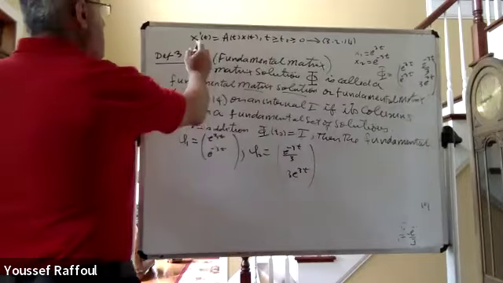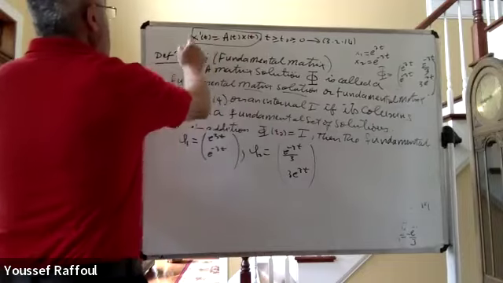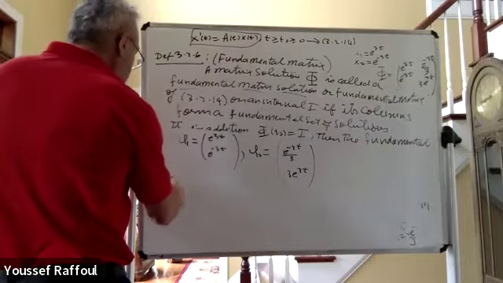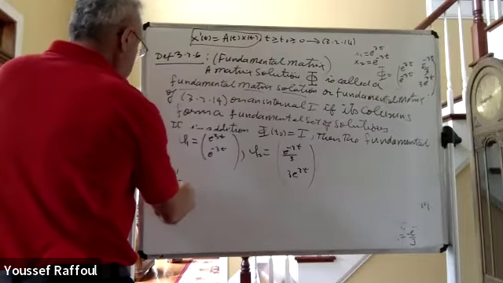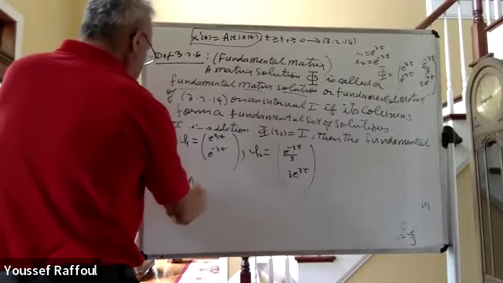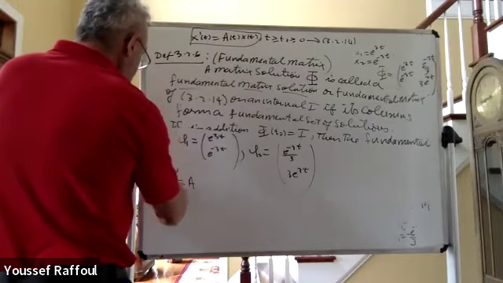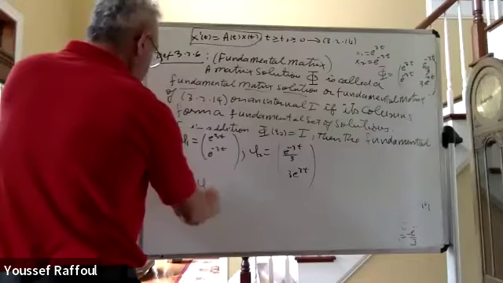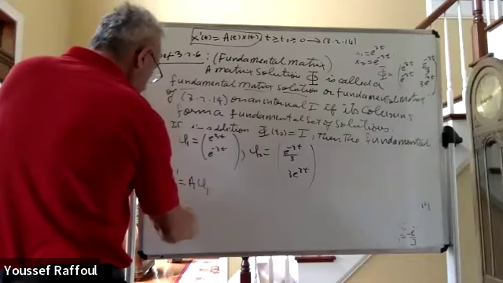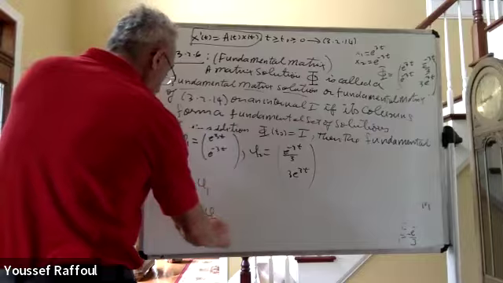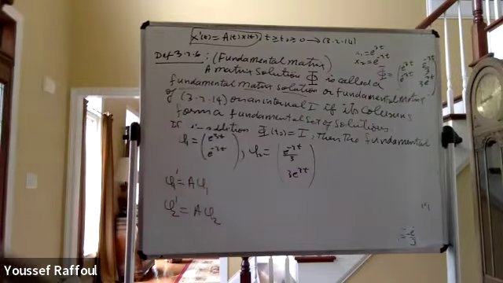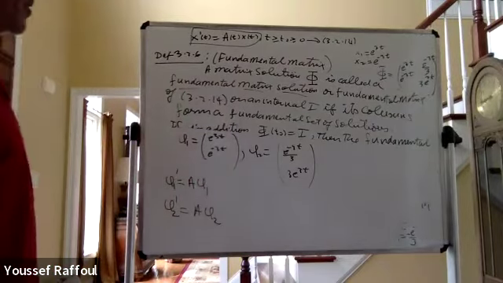So what we know is, from x prime equal A x, we must have phi 1 prime equal A phi 1, phi 2 prime equal A phi 2. This is what it means for each column to be a solution.